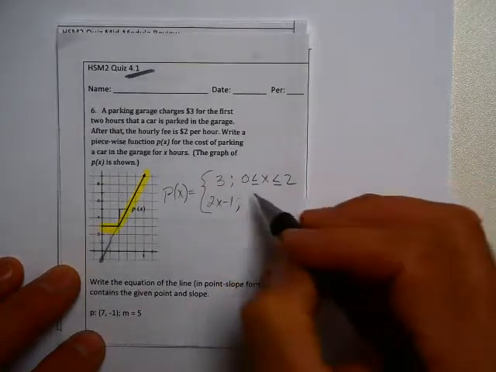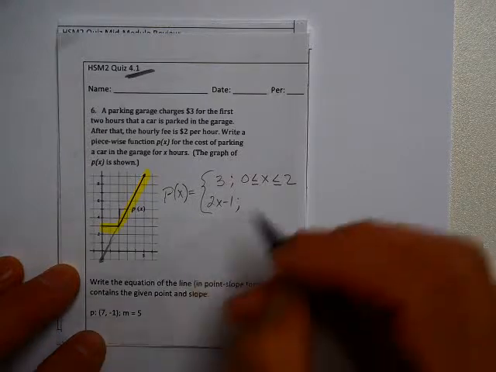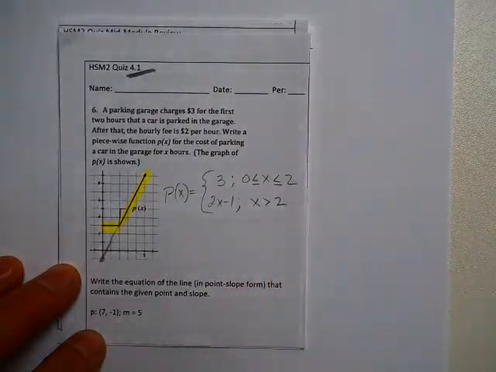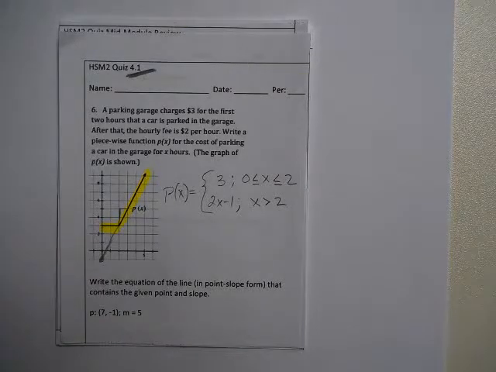And that's going to be for any value of x greater than 2. So x is greater than 2. And that's what we're looking for here. Anyway, that's what we've been working on, and that was the first quiz problem.